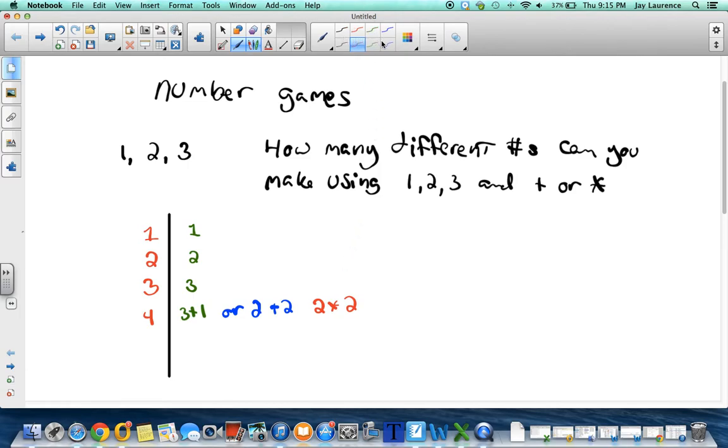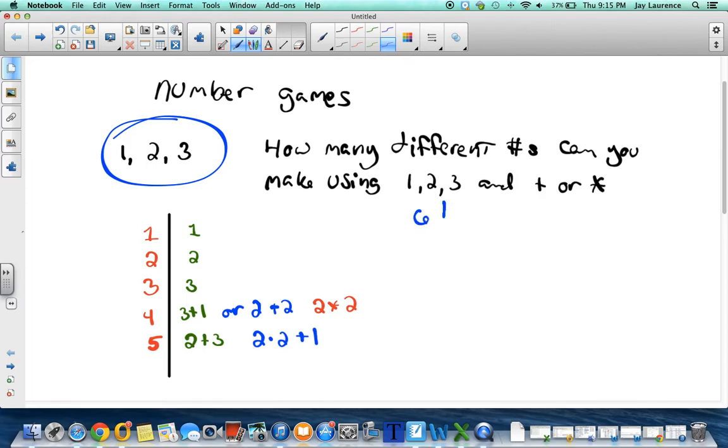Can I make the number 5? Well, sure I can. I can do 2 plus 3. Right? Can I make number 5 using multiplication? Well, not with just 2 numbers, but I could do it with 3. I could go 2 times 2 plus 1. Remember, I use 1, 2, and 3. Okay? And keep going.